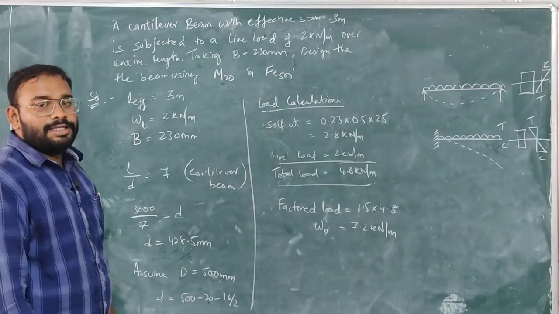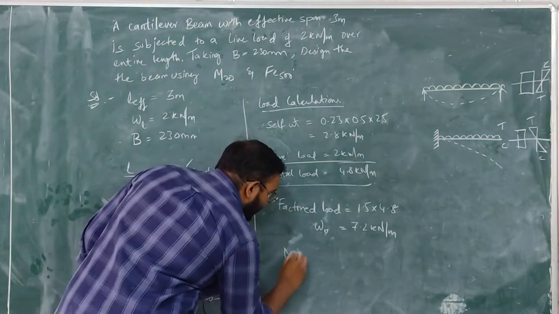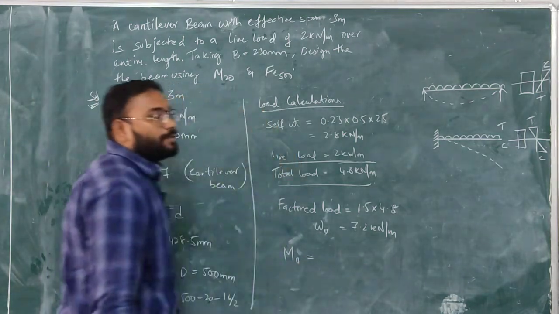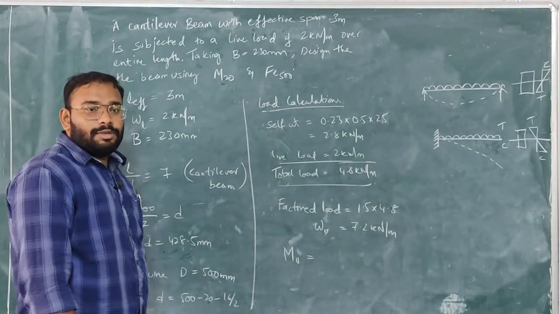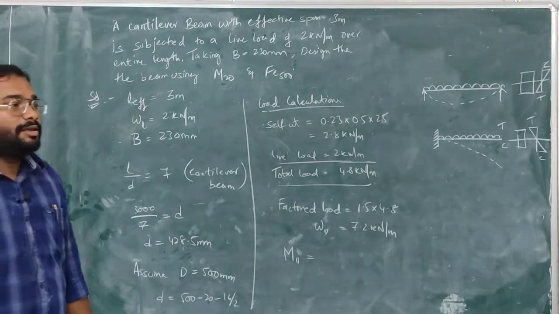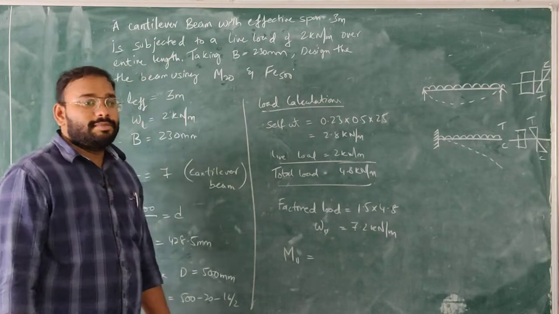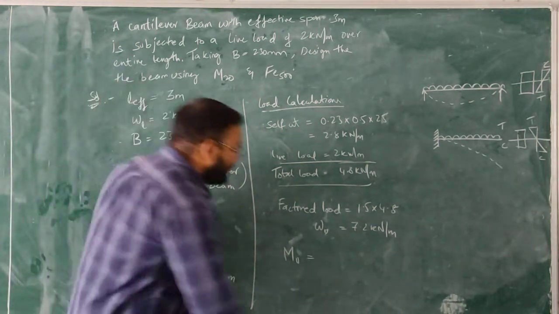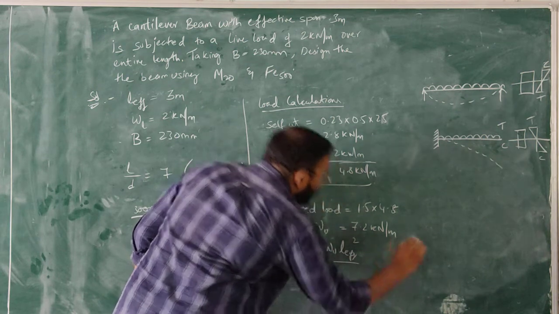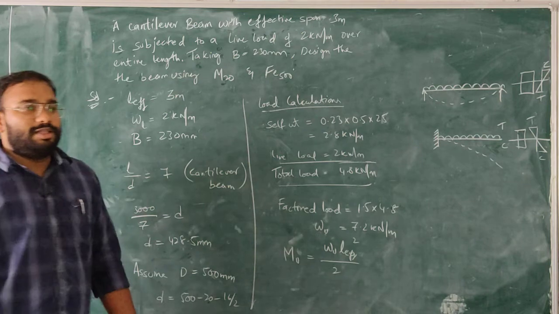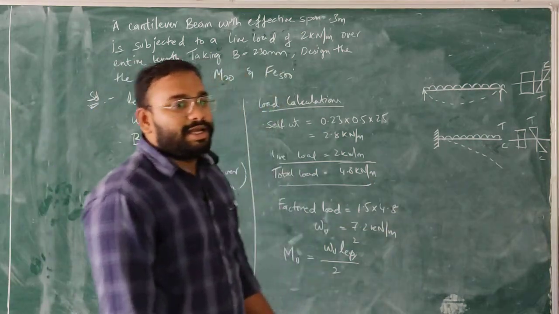Now the next step is calculation of moment. The factored moment Mu: what is the formula for Mu? WU into L effective square divided by 2. WL square by 2 is the formula for a cantilever beam subjected to UDL over the entire length.